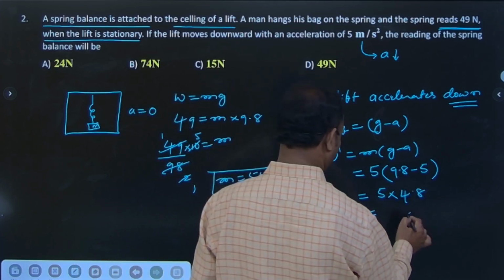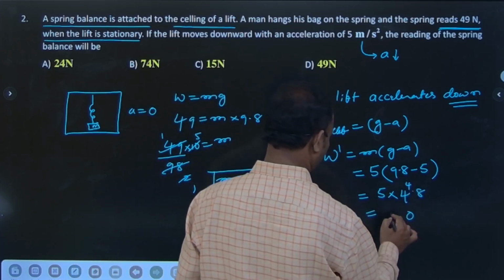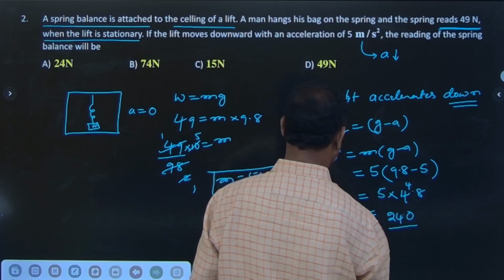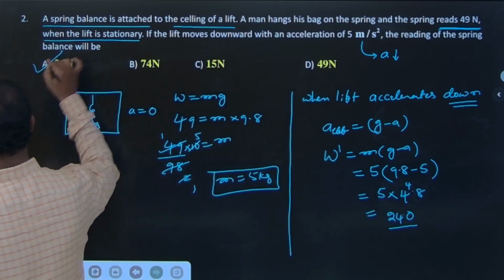So 5 into 4.8 is 24.0. So the answer is 24 Newton.